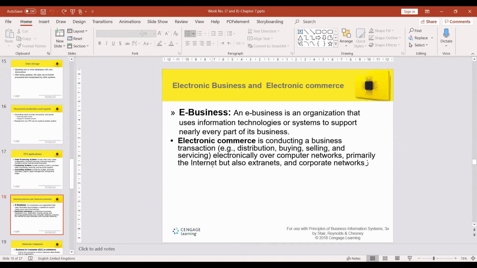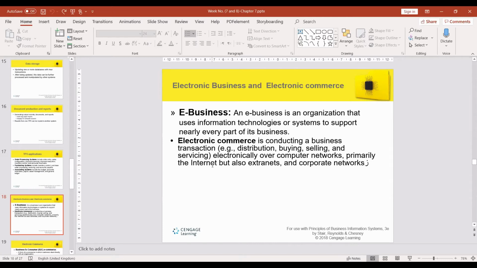Then we have electronic commerce. Electronic commerce, e-commerce, the online business, online shopping that you are doing, is conducting a business transaction, for example distribution, buying, selling, and servicing electronically over computer networks, primarily the internet, but also extranets and corporate networks.